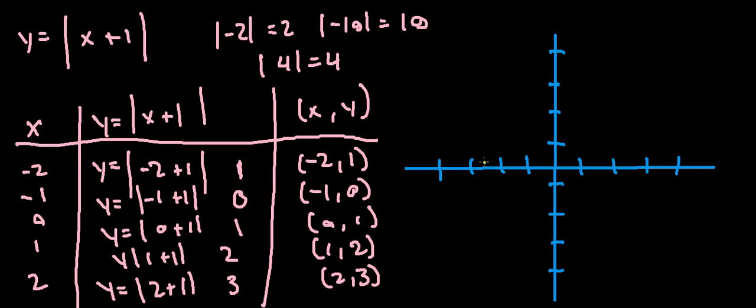Alright, so we have minus 2, 1. Second point, minus 1, 0. Third point, 0, 1. Fourth point, 1, 2. And our last point, 2, 3. Connect these together.